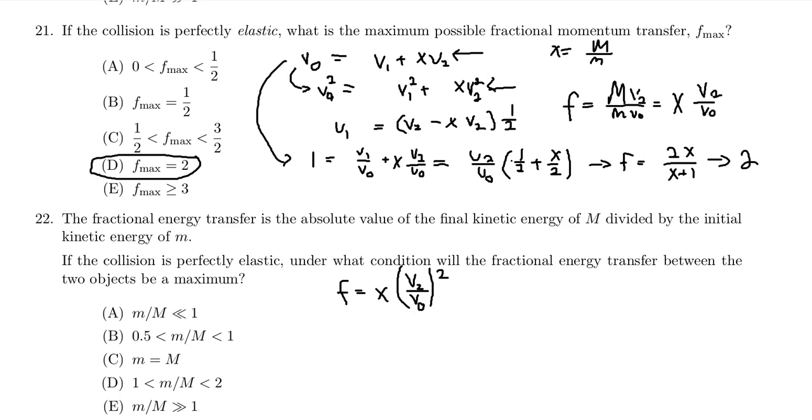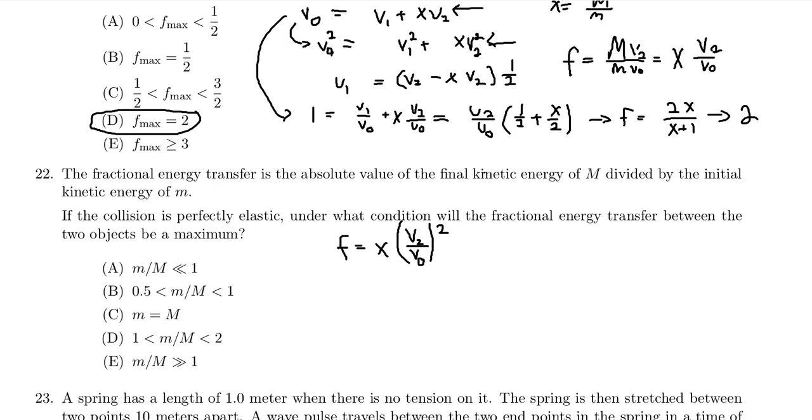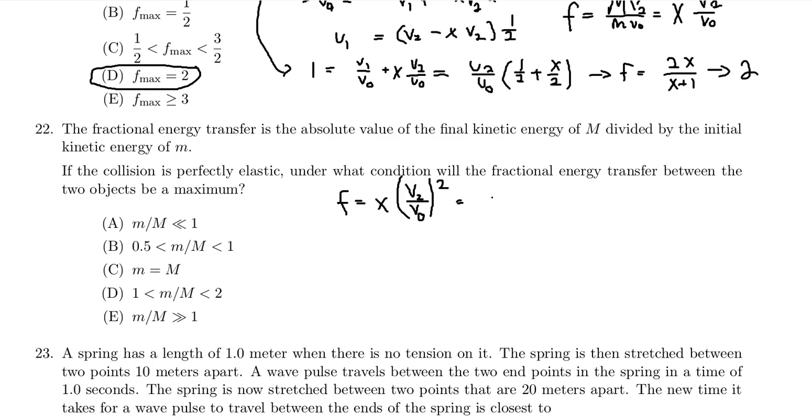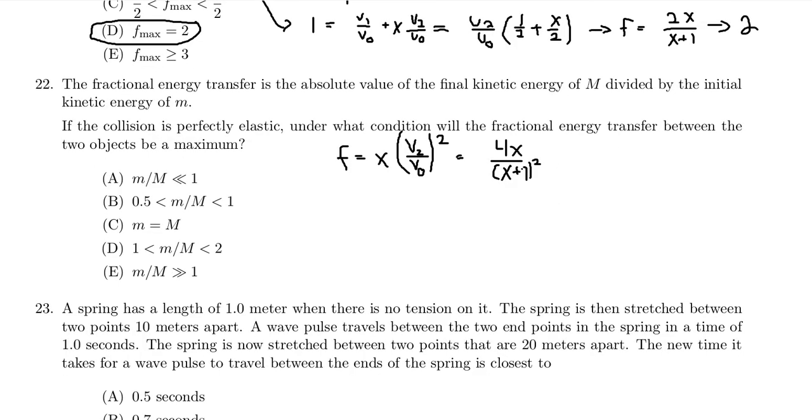And of course, we already solved for what this was. And so we have 4x over x plus 1 squared. And we want to find the maximum of this, or the conditions for the maximum.